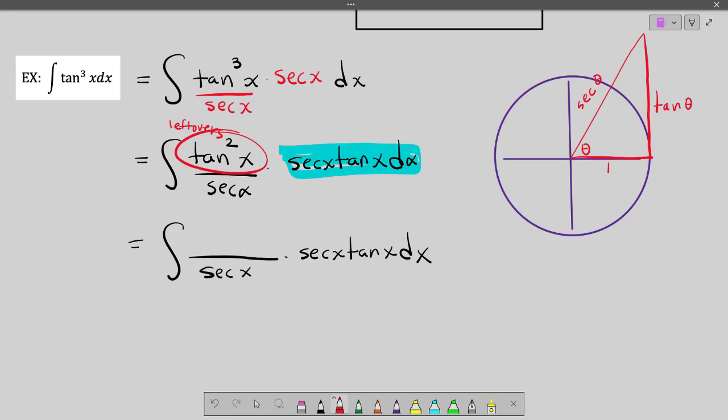So we talked about why that was last week. So we're converting a tan squared. We look up here, this side is tangent, so if we square that, it's going to be the hypotenuse squared minus 1. So secant squared minus 1.